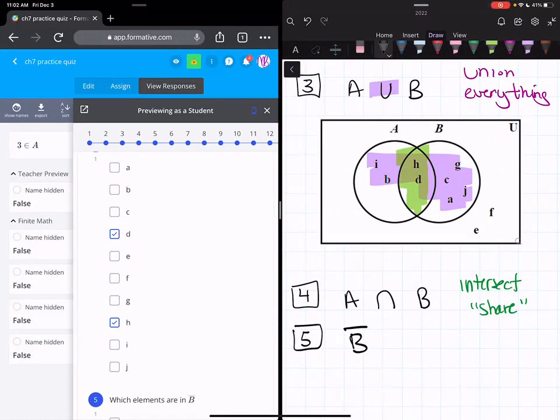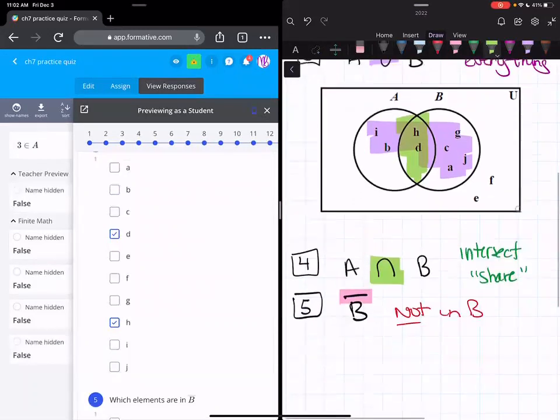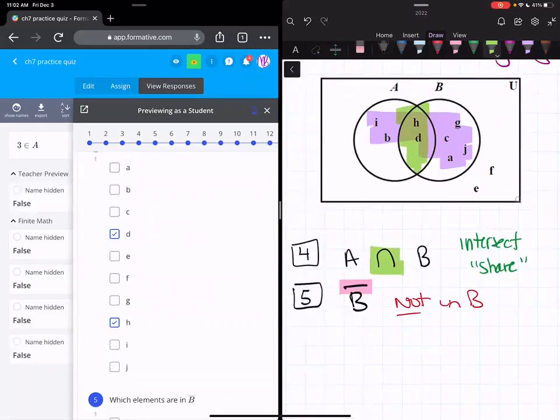Do you remember what the bar above B means? What's not in B? So don't include the B stuff.